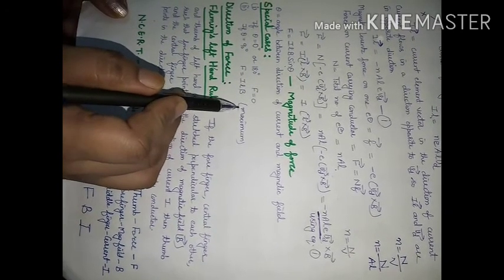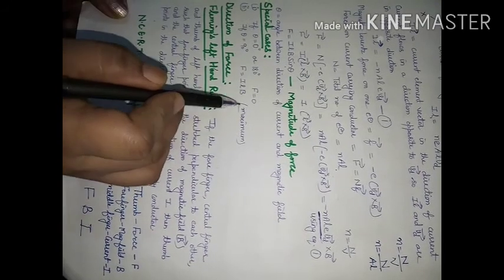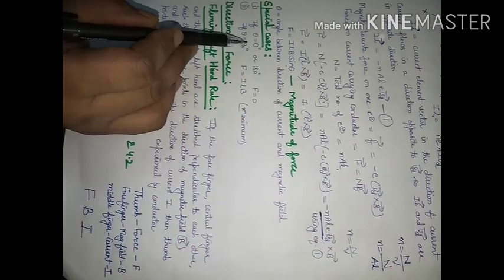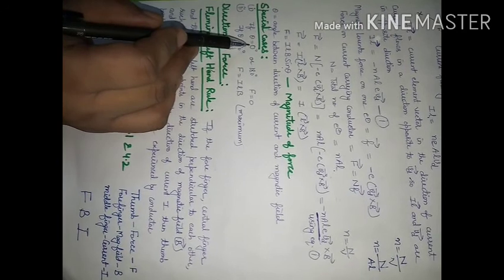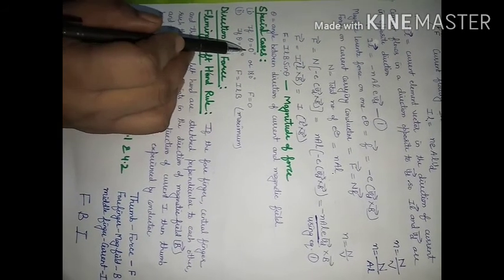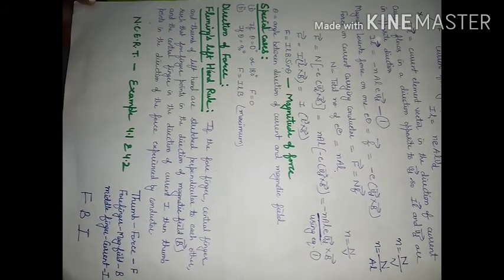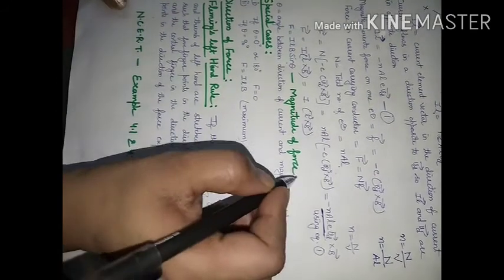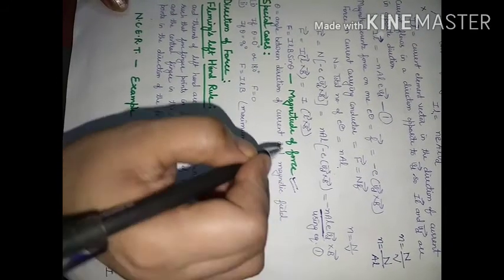Maximum will be when the angle between I and B is 90 degrees, and force will be 0 when the angle between I and B is either 0 or 180 degrees. This equation gives the magnitude of force, but force is a vector quantity.